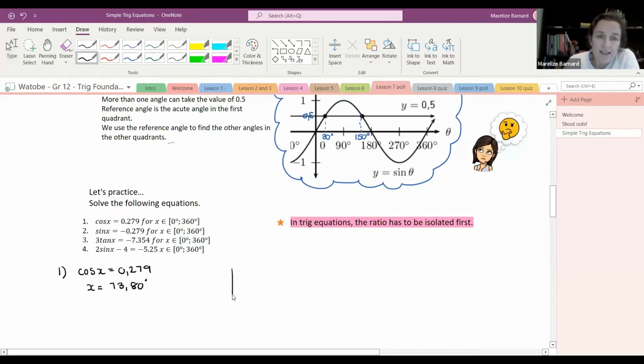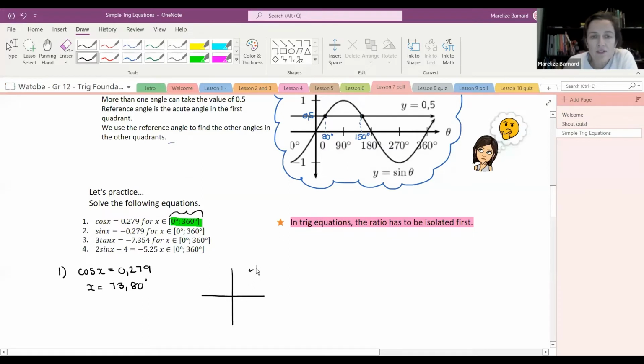So to get the next angle in the interval 0 to 360 degrees, okay, so that's what we're doing. We're now not just finding this first angle, but we're finding all the angles between 0 and 360 that will give us 0.279. And for that, we go to our Cartesian plane and we look at our quadrants. And where is cos positive? Because this ratio, 0.279, is positive.